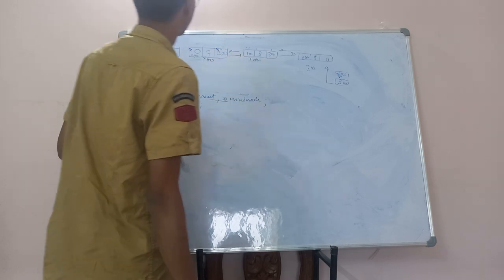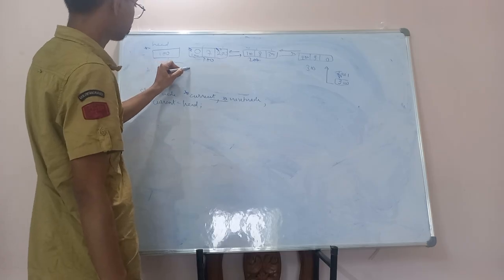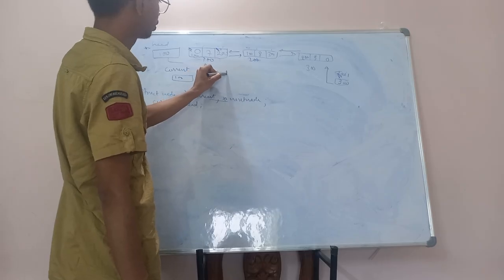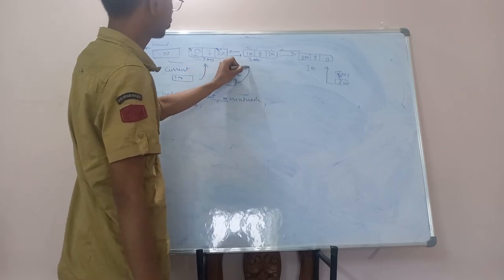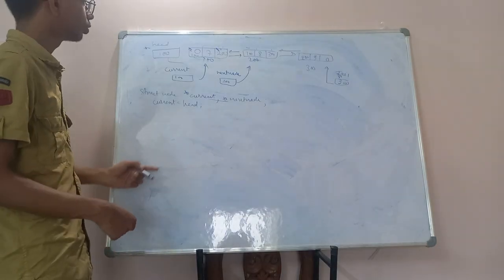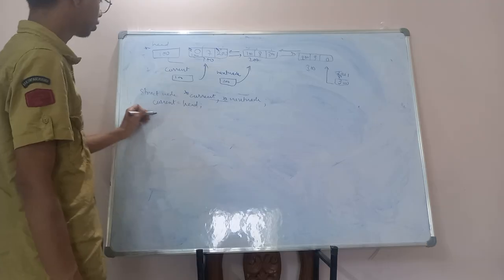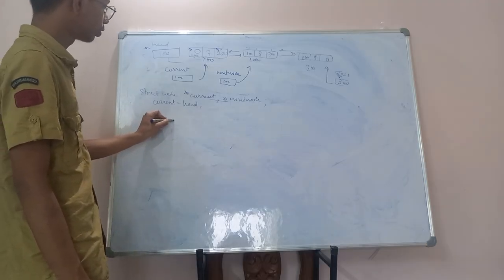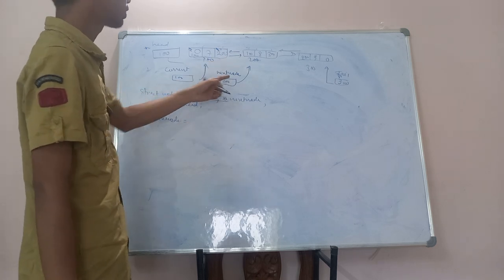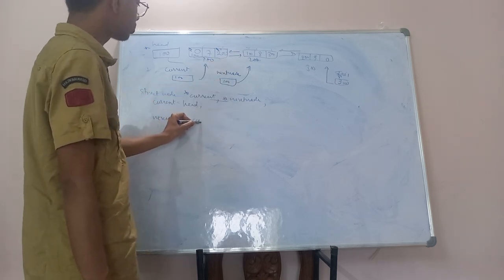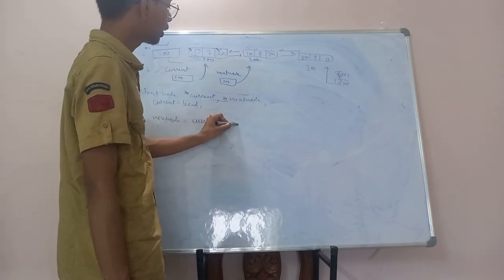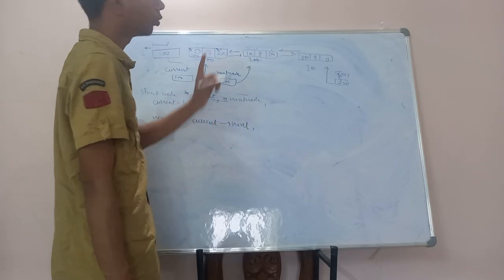Now current is pointing here and next node is pointing here, right? So what I will do first, I will give this value to my next node. So I will access my node with the help of my current pointer, and I will go to the next member of the node, right?